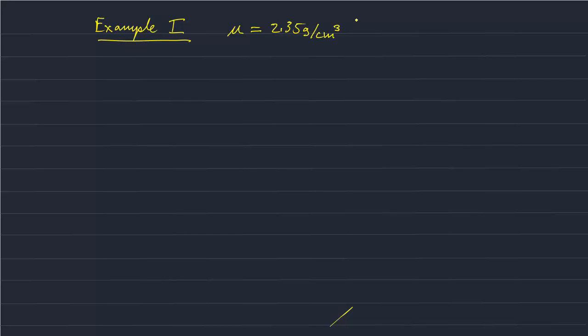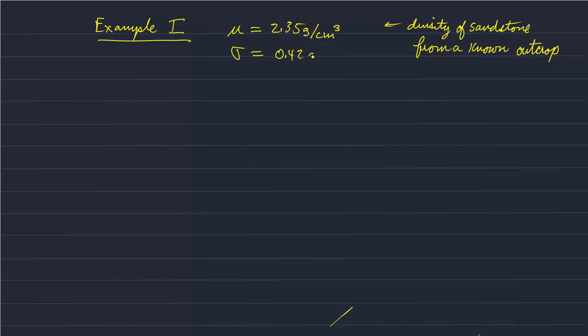And this is a density of sandstones, a density of sandstone from a previously studied or well-known outcrop. And we're also given that the standard deviation of density in that outcrop is 0.42 grams per cubic centimeter.